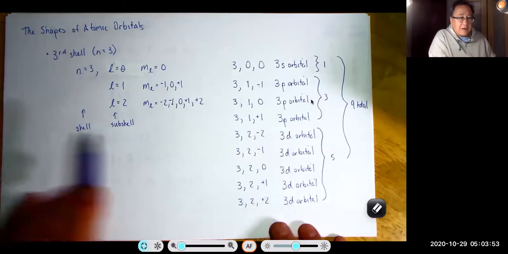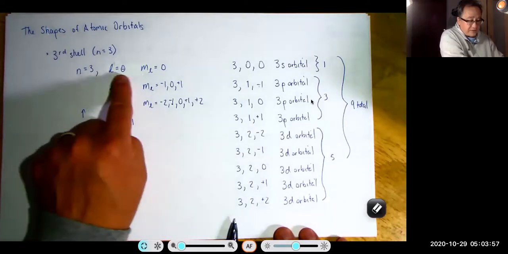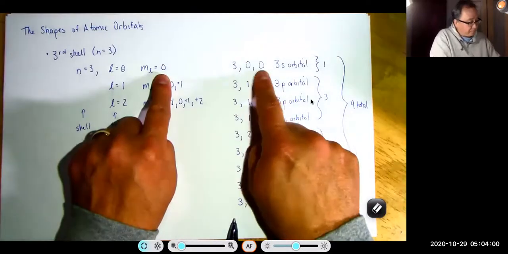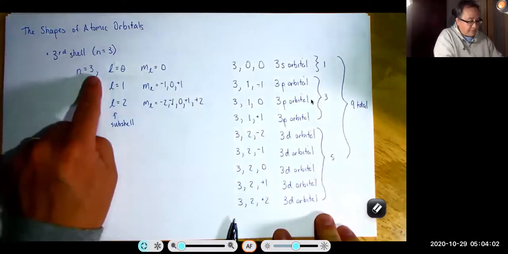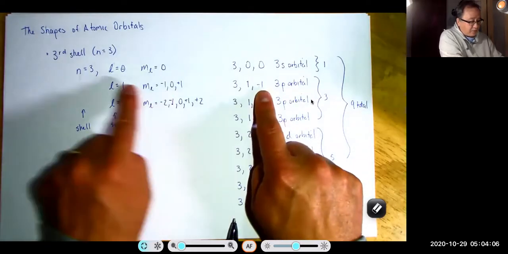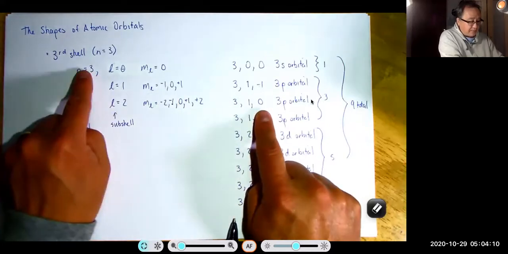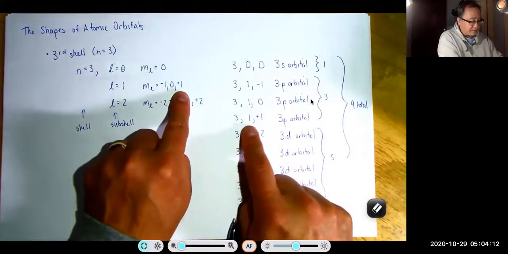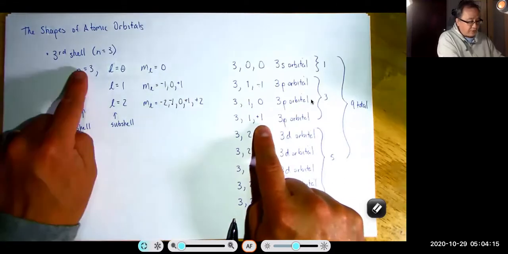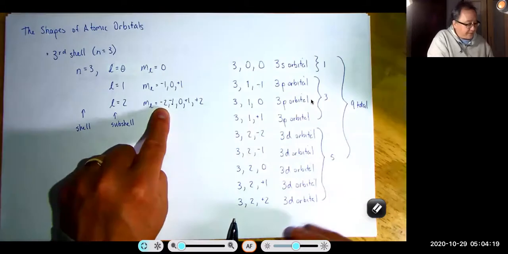If we look at all the possible combinations, you could have a 3, 0, 0. You could have a 3, 1, negative 1, a 3, 1, 0, a 3, 1, positive 1, a 3, 2, negative 2, and you can see how I can progress here.